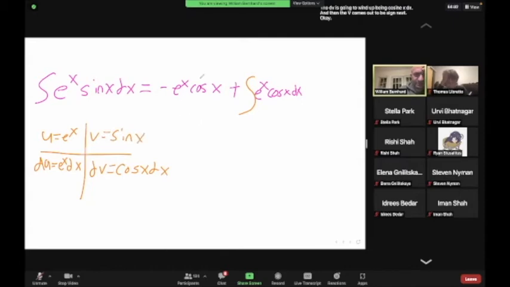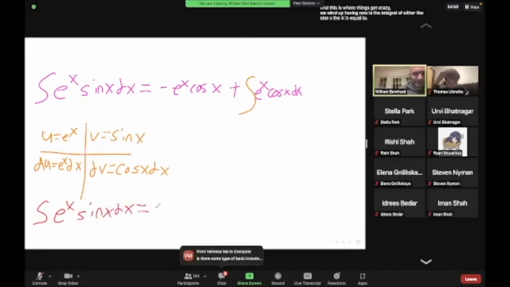Okay, so what we wind up having here now, and this is where things get crazy, is the integral of e to the x sine x dx is equal to negative e to the x cosine x. And now we're going to do the integration by parts all over again.